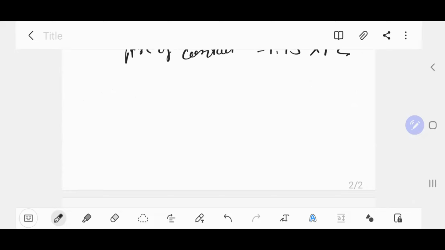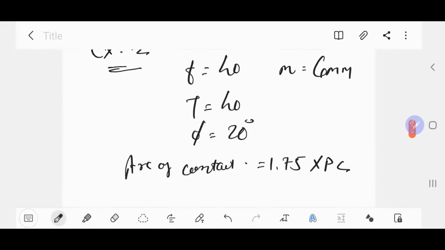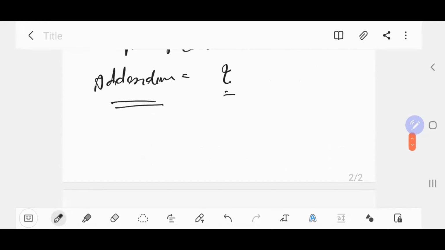Okay, let's start the solution for this example. We need to complete this example, so please do it fast. What do we need to give as the answer? We need to give the addendum. Two types of addendum will be there, for the pinion and the gear.